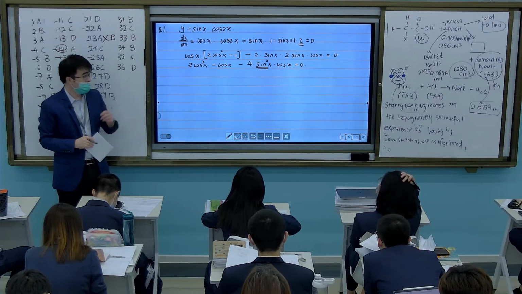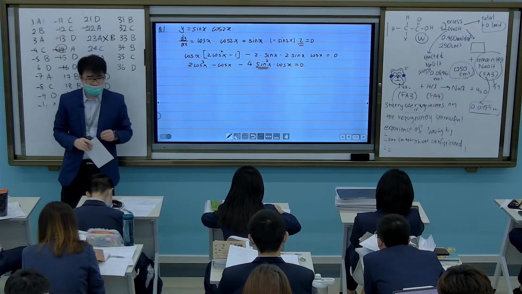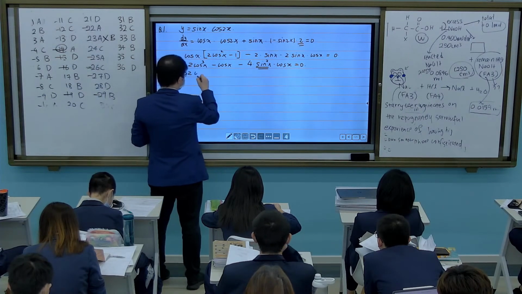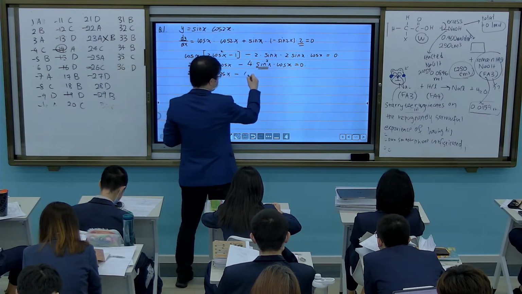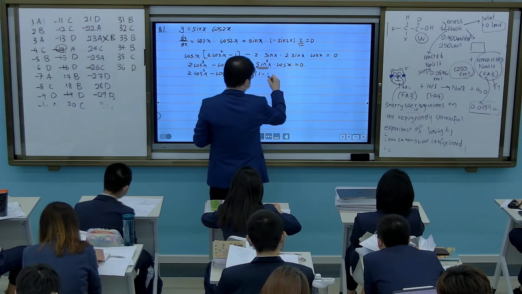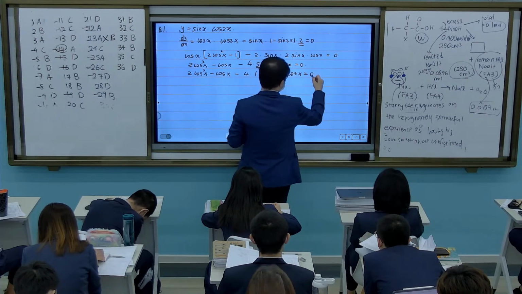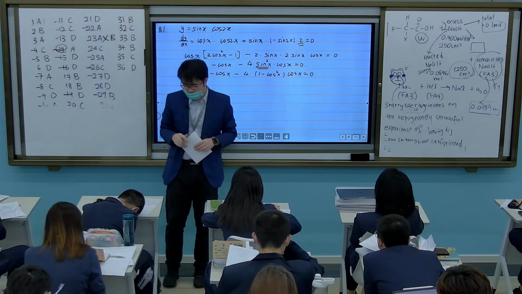So the second term, the sine x squared, you need to change it to cosine x. So if you continue, this is 2 times cosine x cubed minus cosine x minus 4 times bracket 1 minus cosine x squared, then times cosine x equals 0.